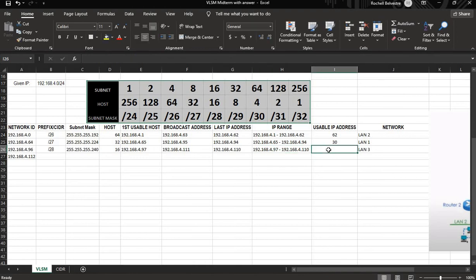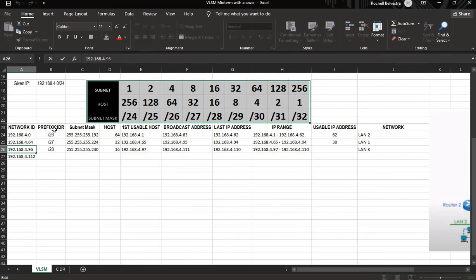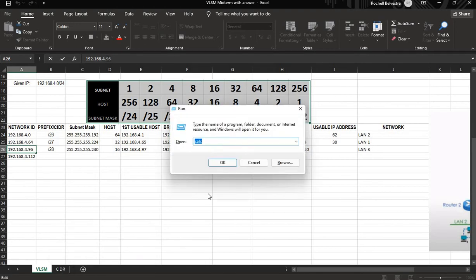And then for the usable IP addresses, we're going to subtract the last IP address, which is 110, minus 96, which is the network ID.